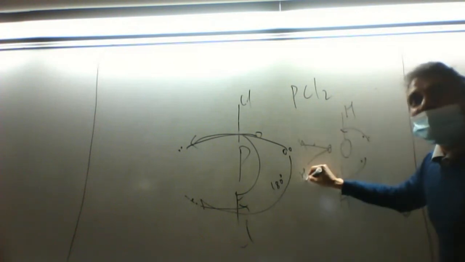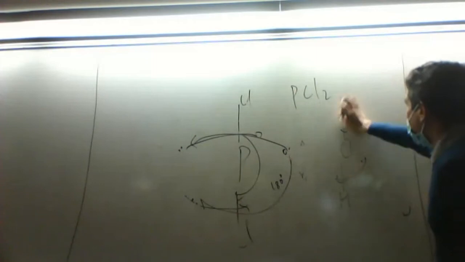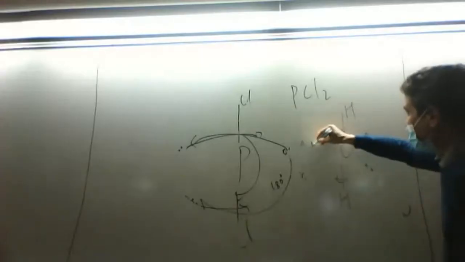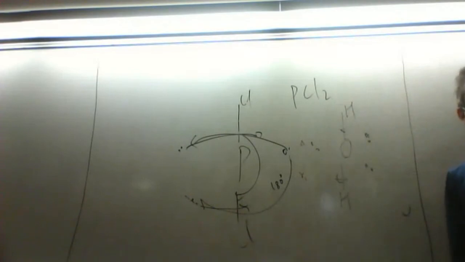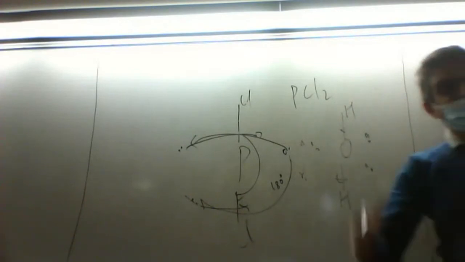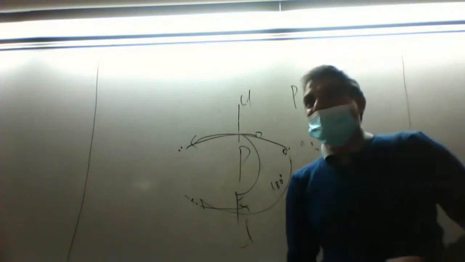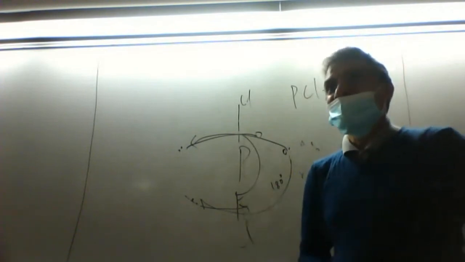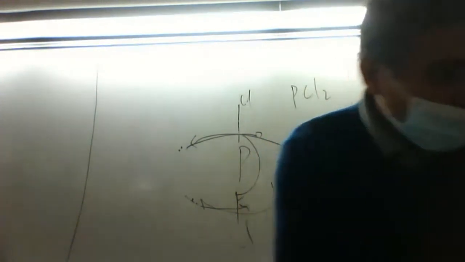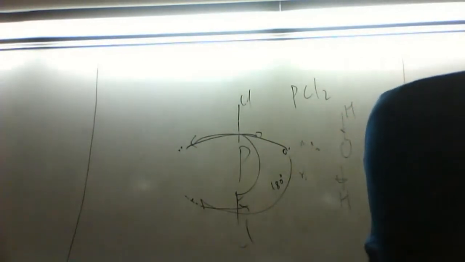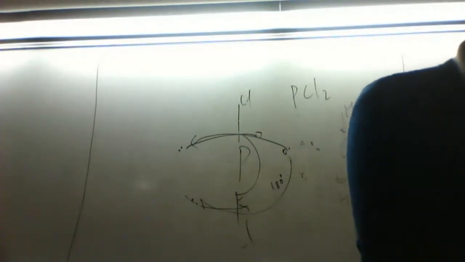That's it, right? But if there was one pair, another pair, and another pair, it would be linear. It's a little bit complicated, but when you practice it, you will get the idea.